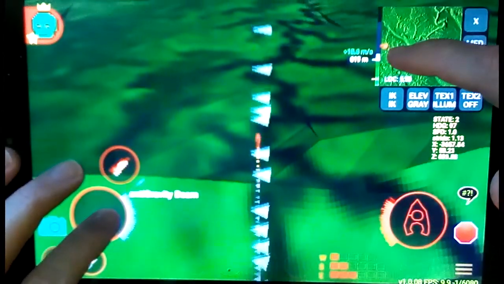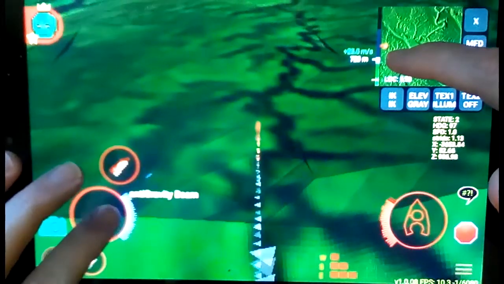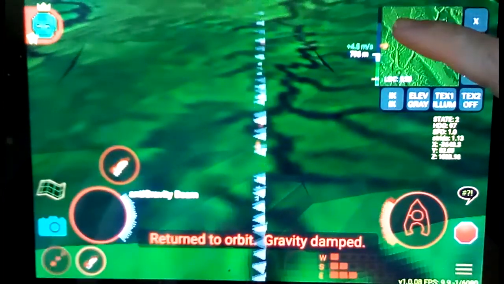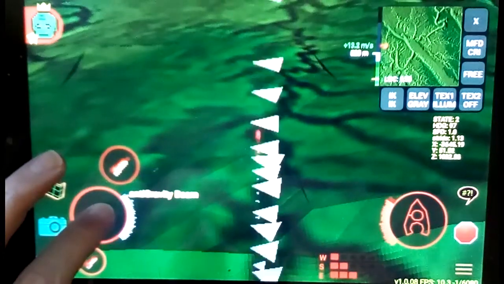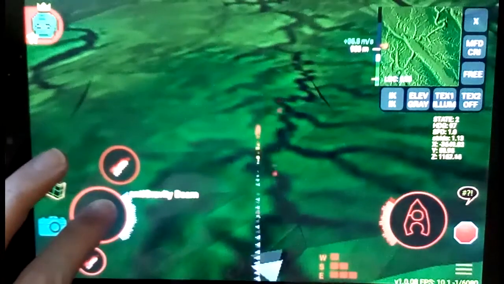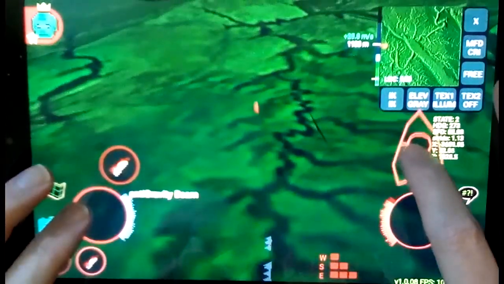But once I cross into the black, I'm back in space. And now, poof, okay. So now I'm just barely in space. I can keep going up if I want to. But I think by now I'm completely out of the atmosphere, and so I can go really fast.